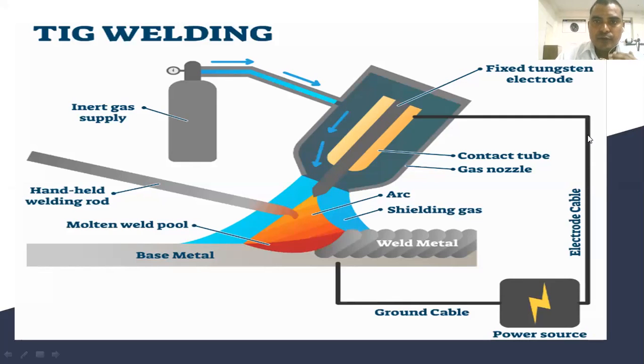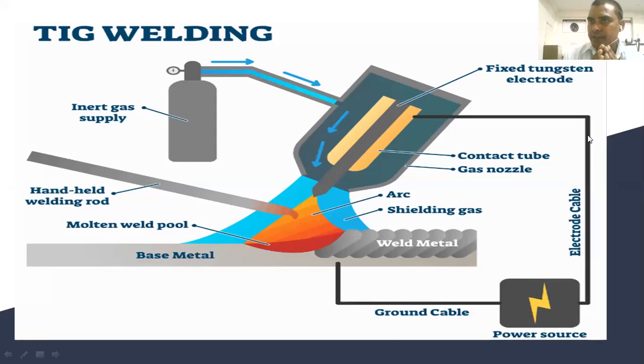A non-consumable tungsten electrode is used, which is mounted in a specific electrode holder, and the welding operation is done by striking an arc between the workpiece and the tungsten electrode.